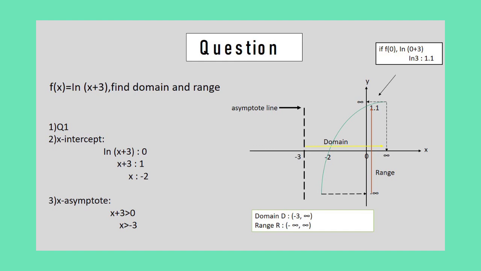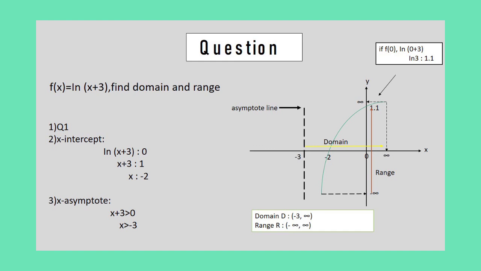Then we search the x-asymptote. x plus 3 greater than 0, x greater than negative 3. So that is the graph. We must search the y-intercept because the graph touches the y-axis.